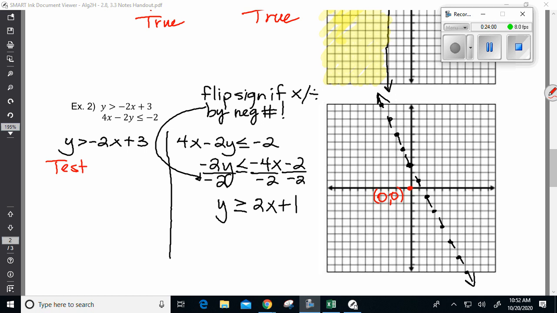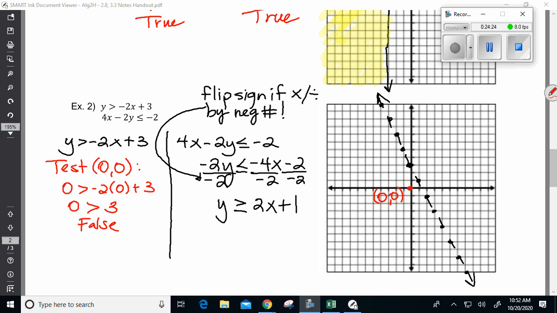So if I test 0, 0, is 0 greater than -2 times 0 plus 3? 0 is greater than 3 is 100% false. So that failed.